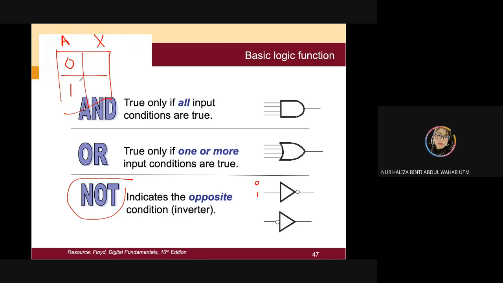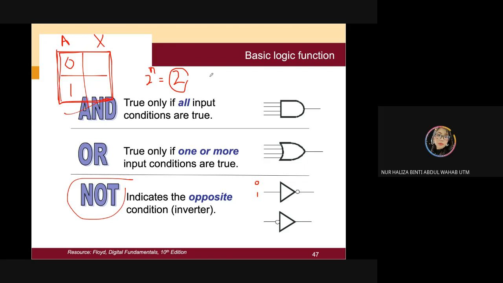As I mentioned, you cannot have like 0.5 and so on. So you have only 2 possibility, 2 to the power of 1 equal to 2. So only 2 possibility to the power of n.